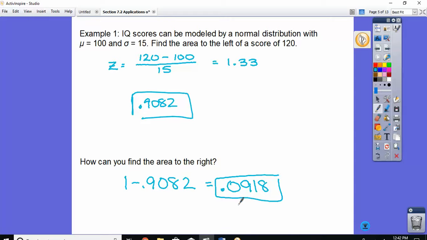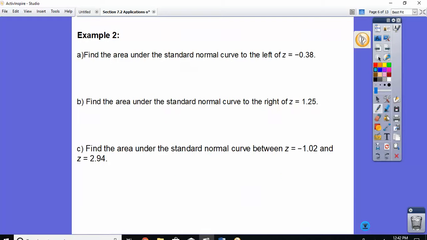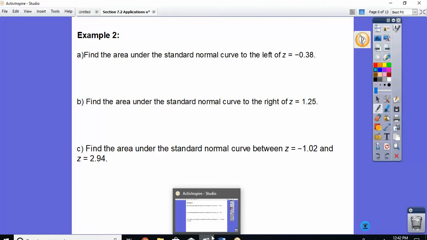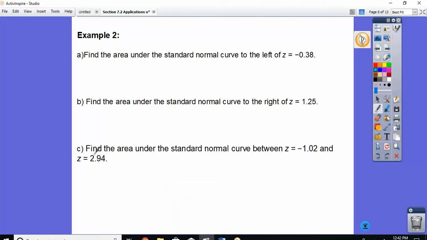Okay, I'm going to put up a few and we're just going to practice reading from this table. So I want the area under the standard normal curve to the left of, so if you're writing this down, I would just do like just this.